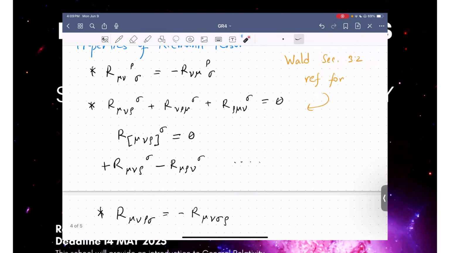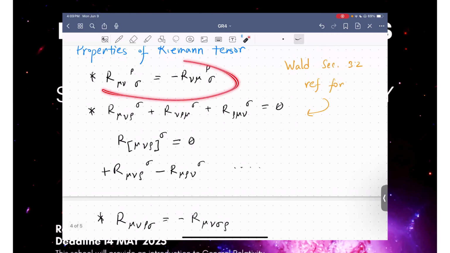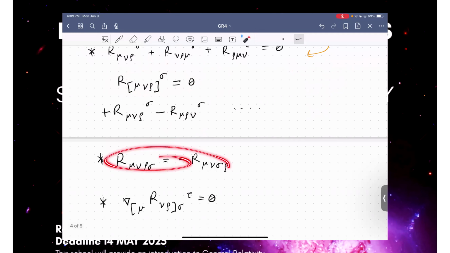Okay. So right now it may seem like this is some random formula satisfied by the Riemann tensor. Who cares, right? But it turns out that these formulas are quite useful when you're doing computations, because as you can imagine, there are many components of the Riemann tensor, right? So it has four indices, and let's say in four-dimensional space, each index can take four different values. So this tensor has 4 to the power 4 components.